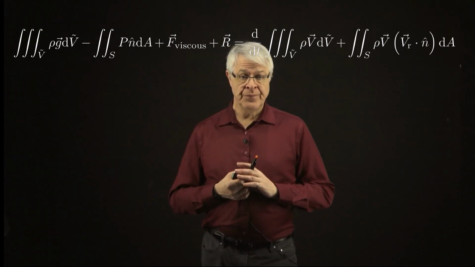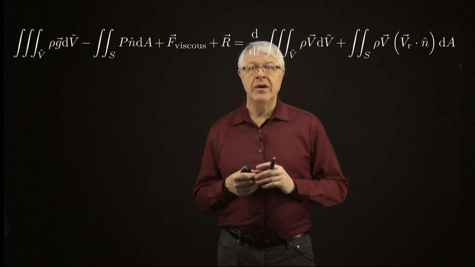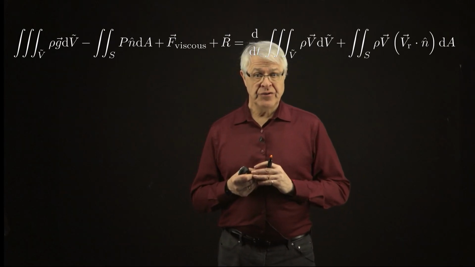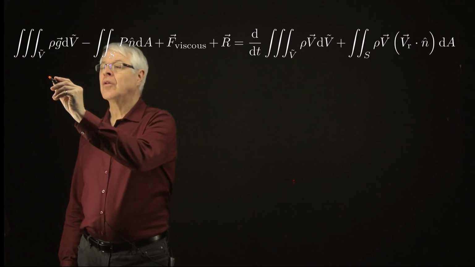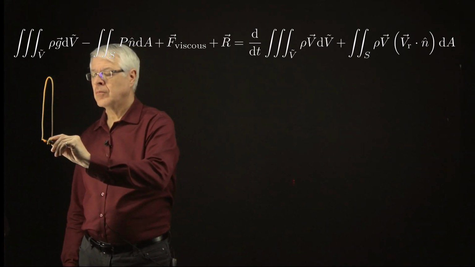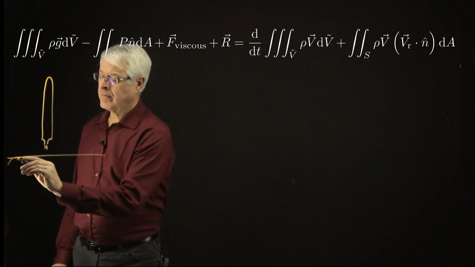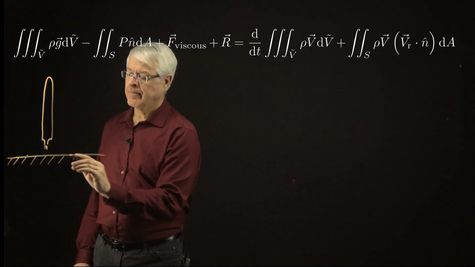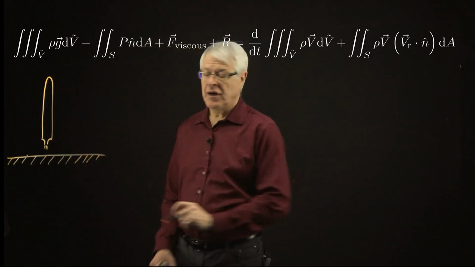So we're going to start off just with a little sketch here to get a coordinate system and a control volume established. So there's our rocket just taking off.